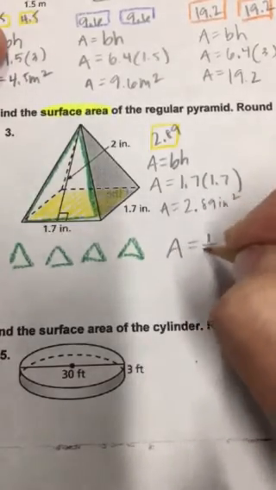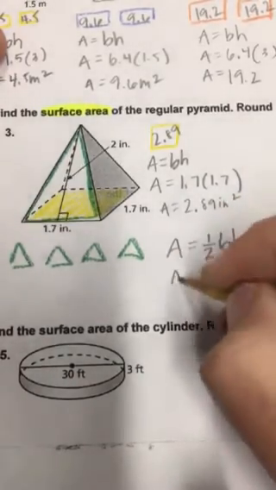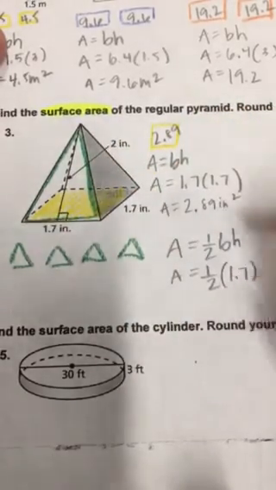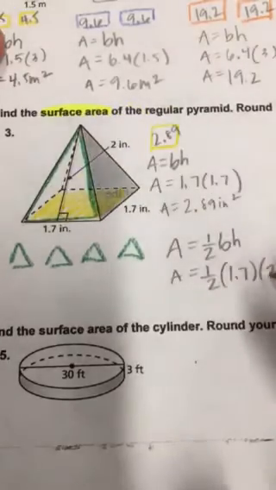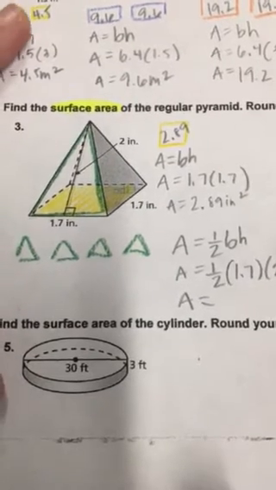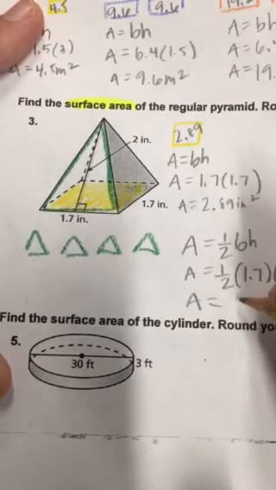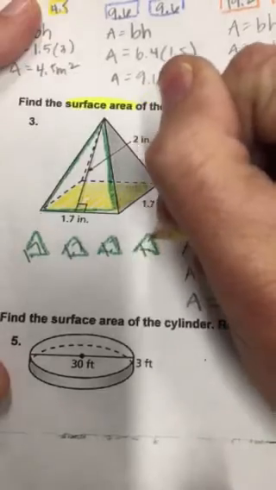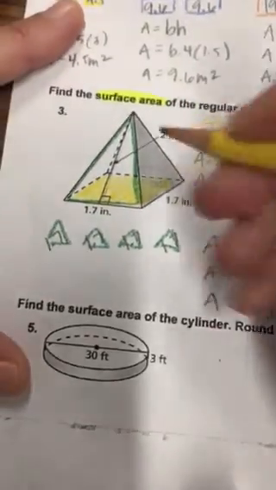So this is area equals 1/2 base times height. 1/2, my base is 1.7, but the height of my triangle is 2. 1.7 times 2 divided by 2, and you get 1.7 again inches squared. So I know that this piece is 1.7, this piece is 1.7, this piece is 1.7, and this piece is 1.7. So there are 4 of them.